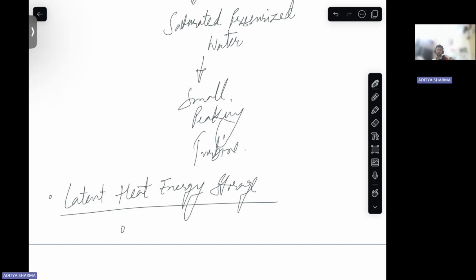While changing phase, there is some energy that the material absorbs, which doesn't show up as increase in temperature. So that basically is your latent heat.